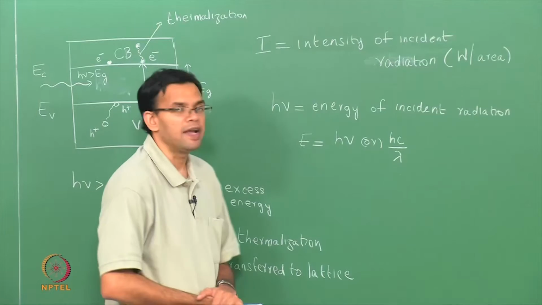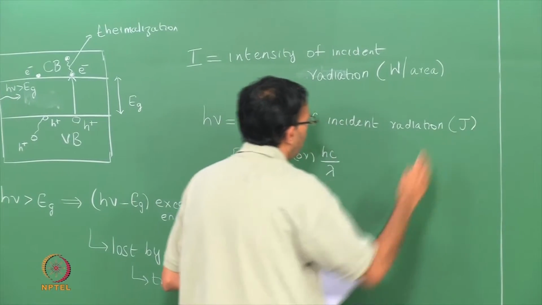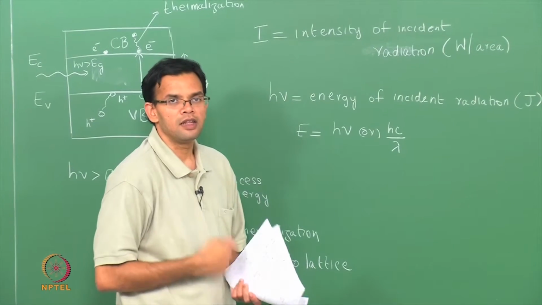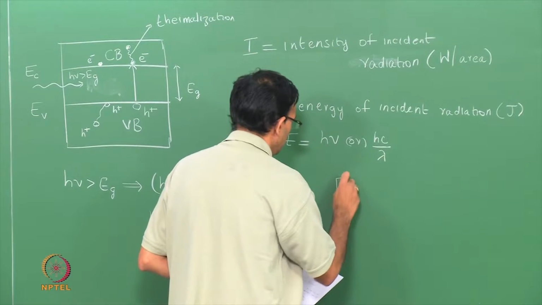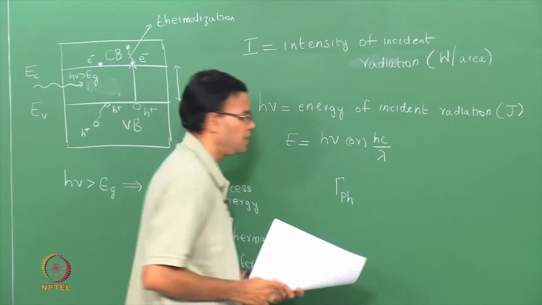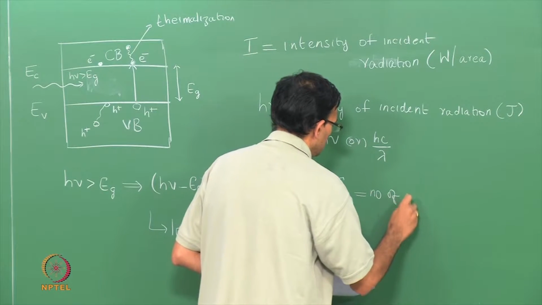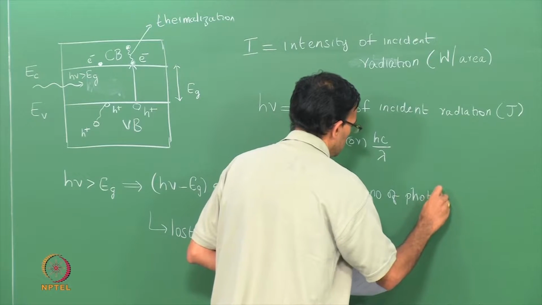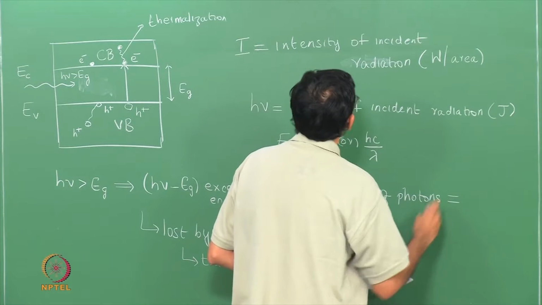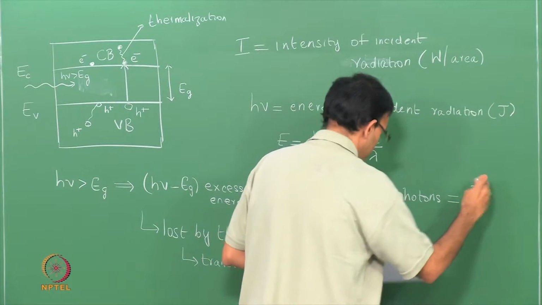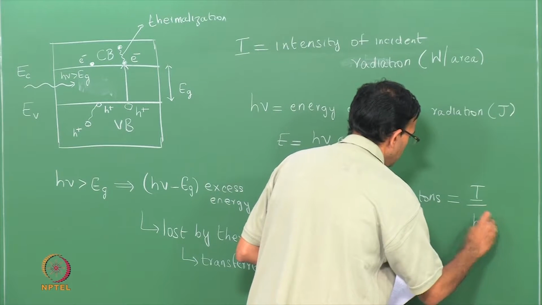So, if h mu is the energy of the incident radiation, this is usually in joules or electron volts, then the number of photons that are incident on your sample at the surface, phi, is the number of photons which is incident at your sample, is nothing but I over the energy, so over h mu.